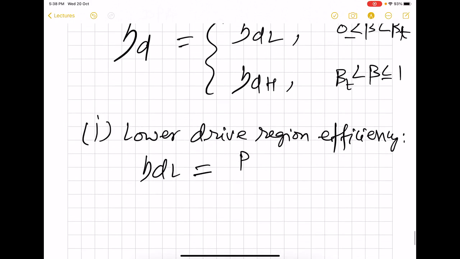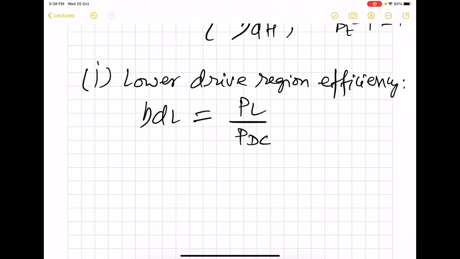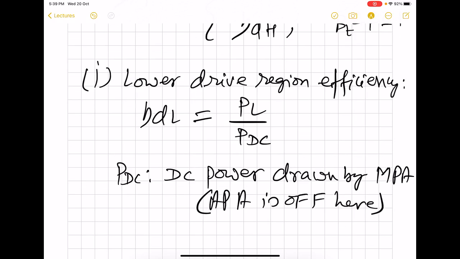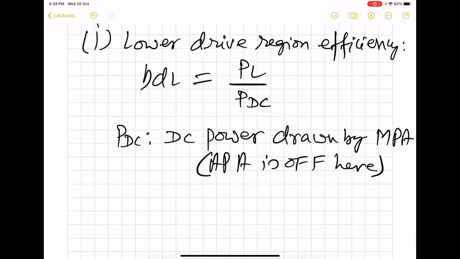So this is also, of course, going to be the power delivered to the load divided by DC power drawn by the main power amplifier. So this PDC is the DC power drawn by MPA. Keep in mind that APA is off for this case. So there is no power dissipation in the auxiliary power amplifier, and the load power is also only due to the MPA.